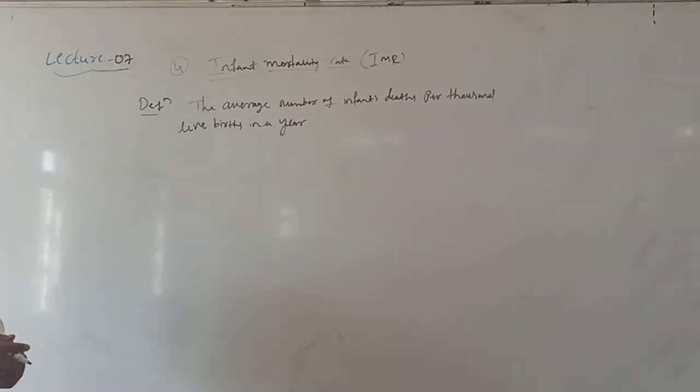Okay, what is the infant mortality rate? The average number of infant deaths per 1000 live births in a year is called as infant mortality rate.